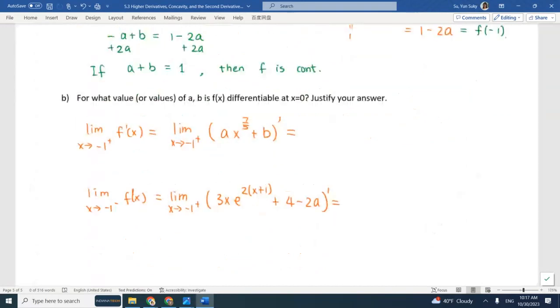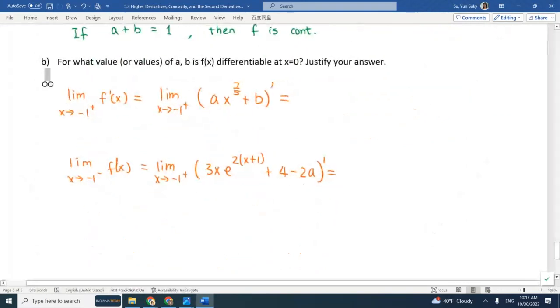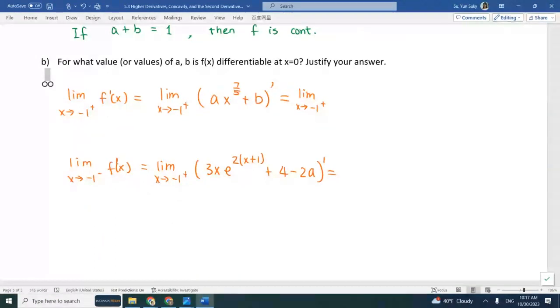Alright, now we already set up part B. Let's calculate. What is the derivative? So remember, the variable is x. a and b are the unknowns. It's like a constant, a parameter. What is the derivative of a times x^(7/5)?